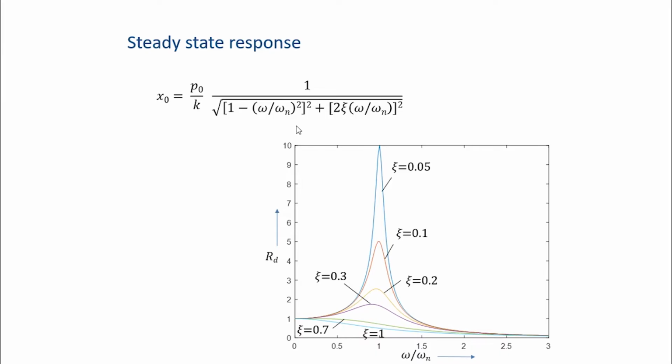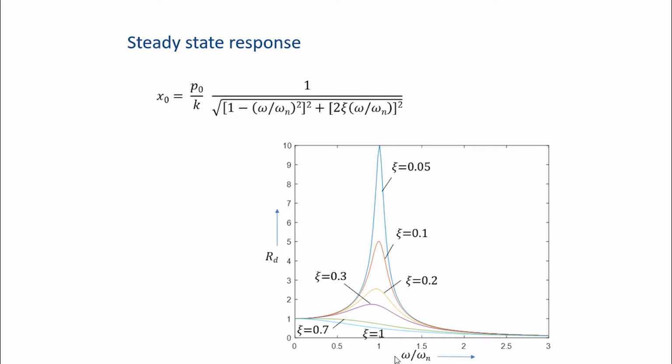So this is an amplification or reduction factor depending upon the value of the frequency ratio. This figure shows this deformation response factor Rd. As you can see here, the value of Rd is close to 1 when the frequency ratio is very less, much less than 1.